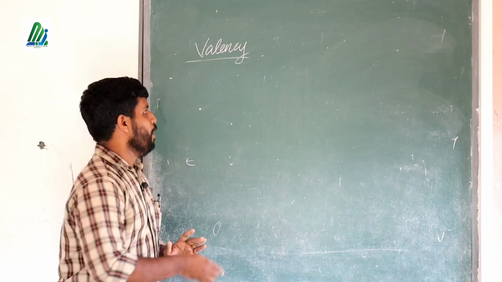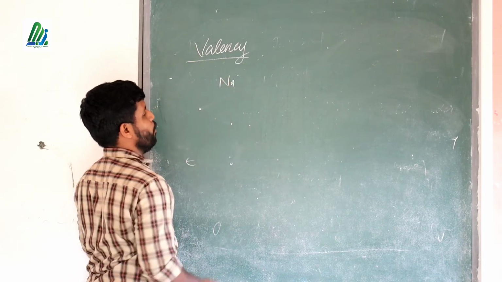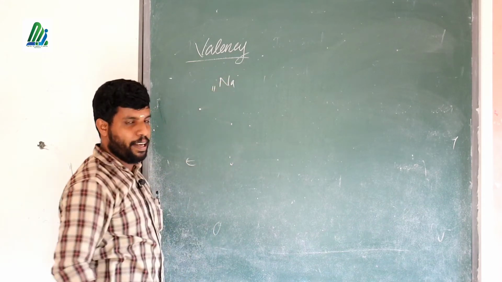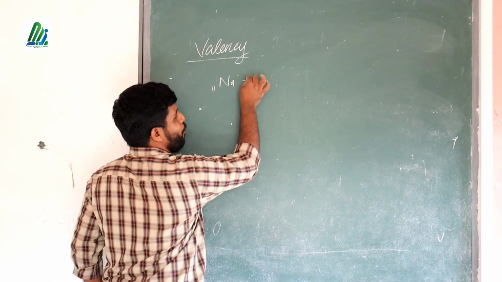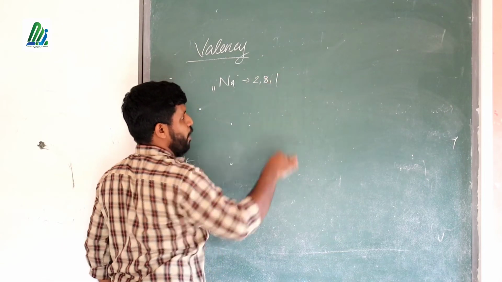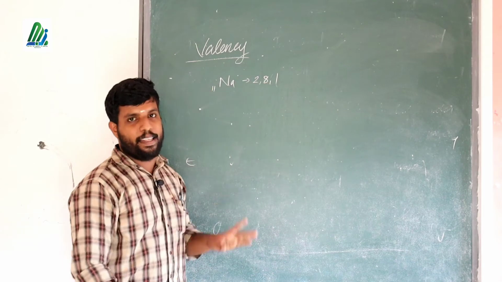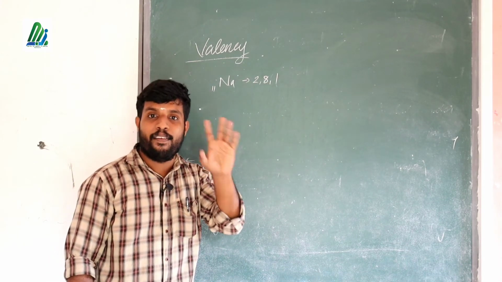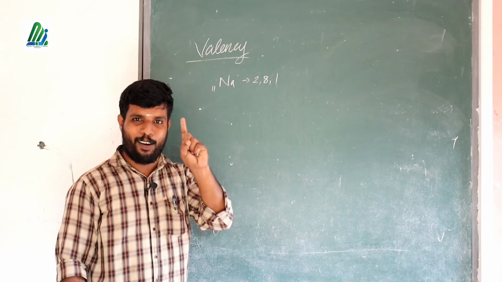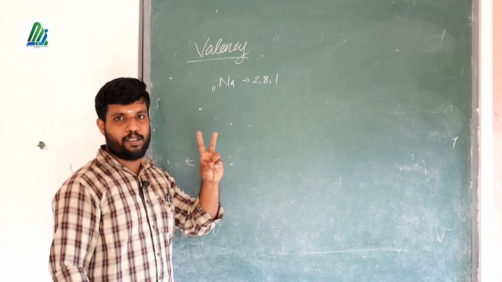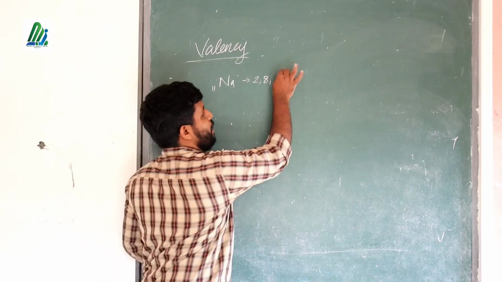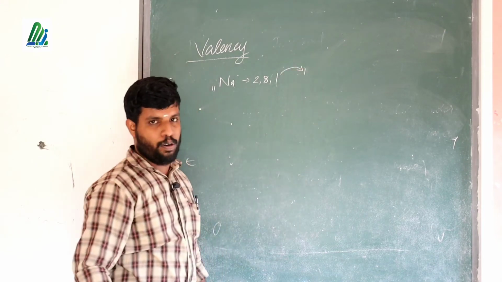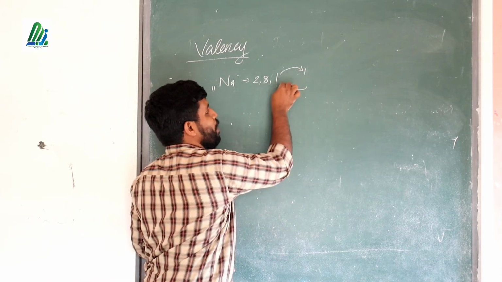So for an example, in the case of sodium, its atomic number is 11. Then we can write the electronic configuration as 2, 8, 1. How many electrons are there in the valence shell? 1 electron. There are 2 chances to attain stability. One chance is to donate 1 electron, or the second chance is to accept 7 electrons.